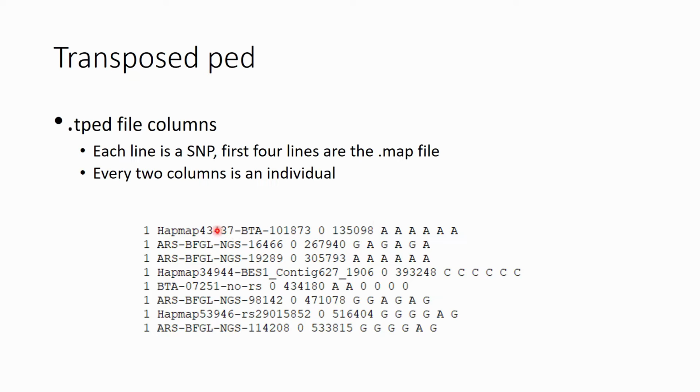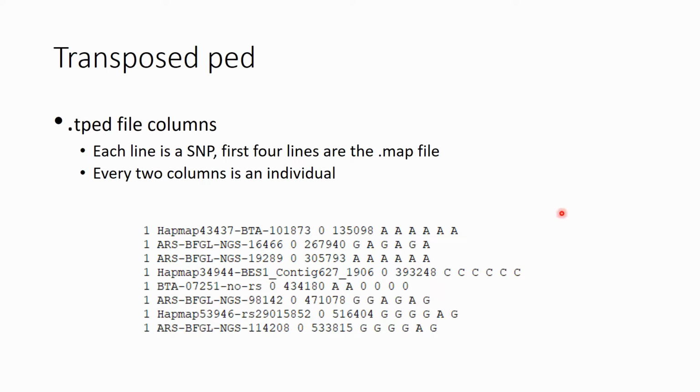So the first individual has the genotype AA, actually all of them have AA here. But let's see, for example, this one. The first animal has a GG, the second one is AG, and the third one is AG as well for this particular SNP.